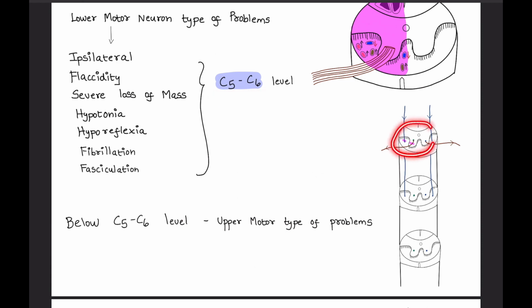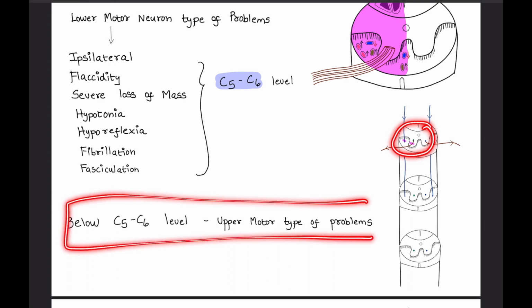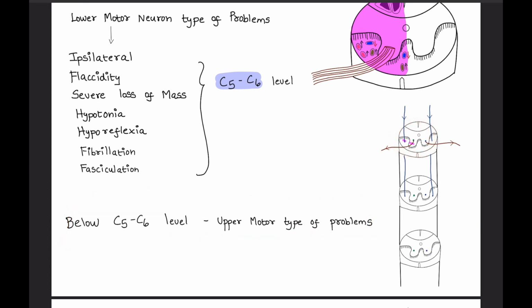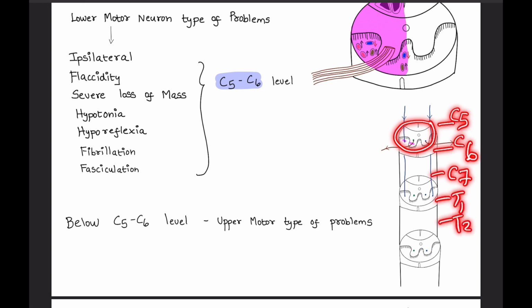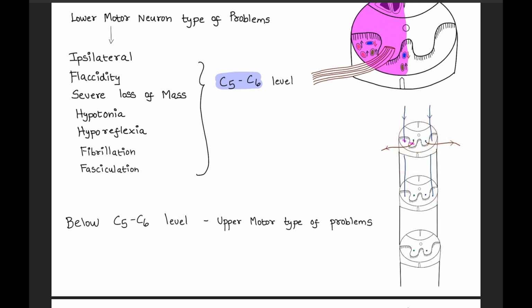So again, I have stressed this: if the lesion is around C5 and C6 level, below it you have C7 vertebra, then T1, T2, and it goes on. So from C7 you will have upper motor neuron type of problems.